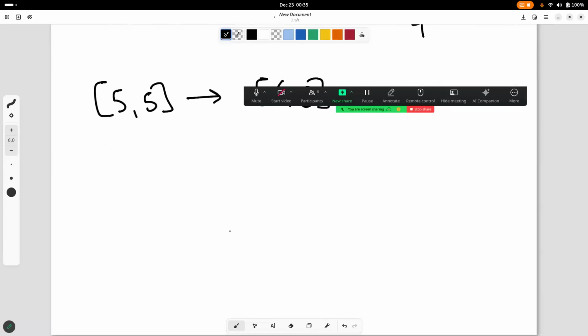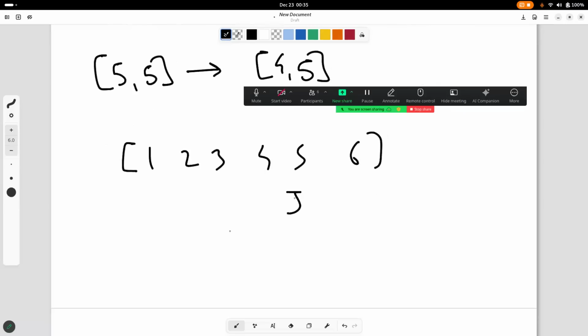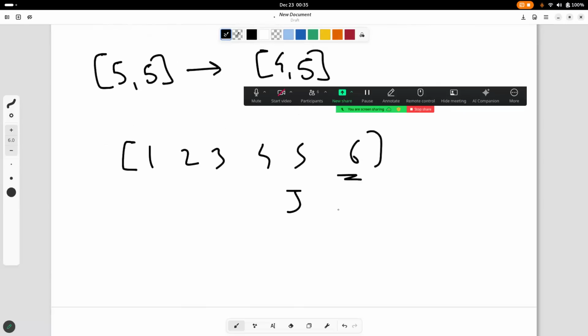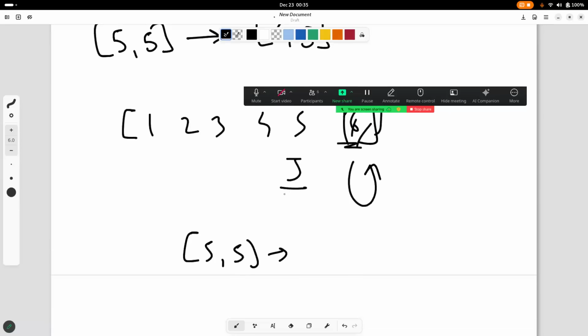What would have happened if you had operated on 6? Say 1, 2, 3, 4, 5, and 6, and this is your joker. When you operate on 6, you can remove this 6 and either put it at the end of the array, which is where it already is. Then your joker wouldn't really move in that case.